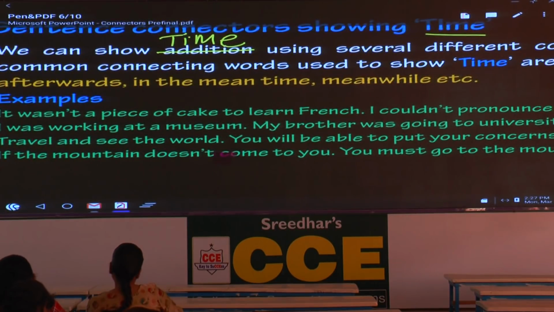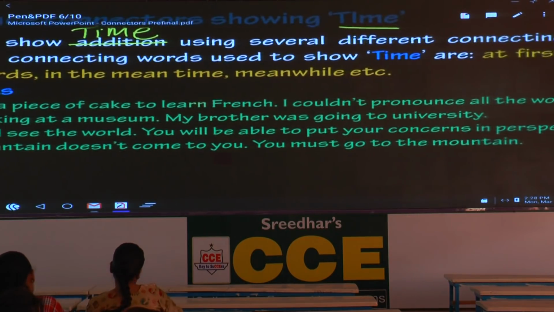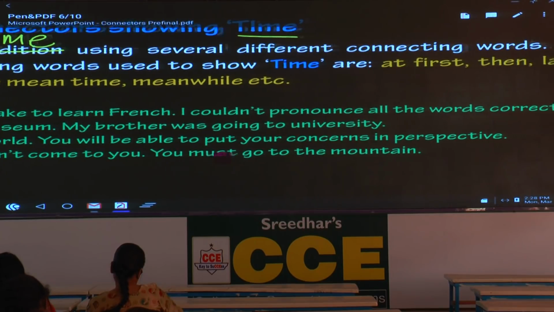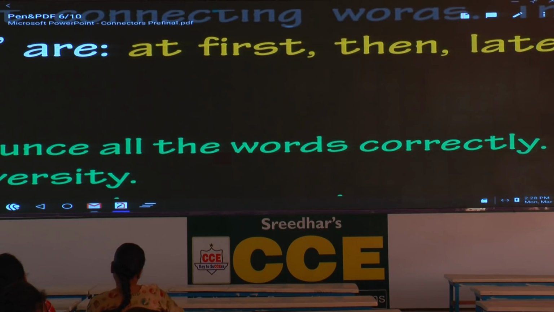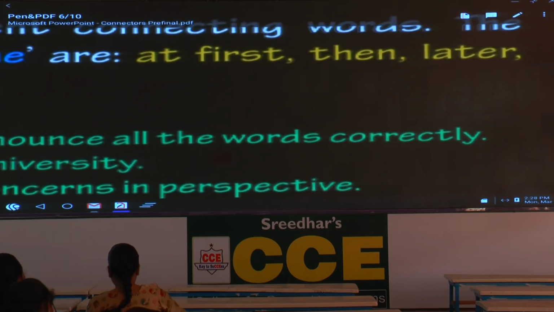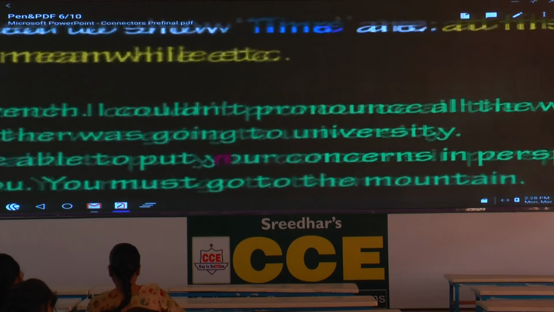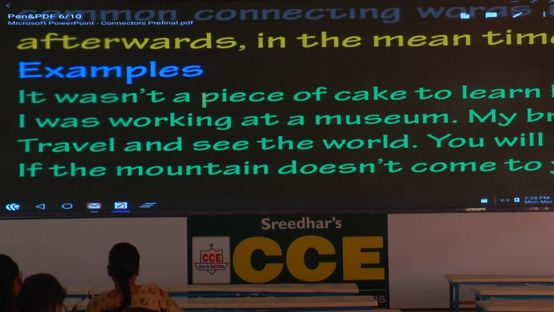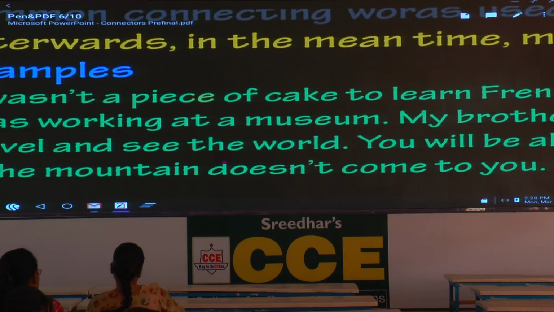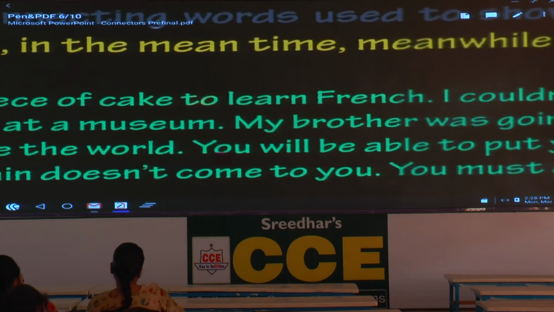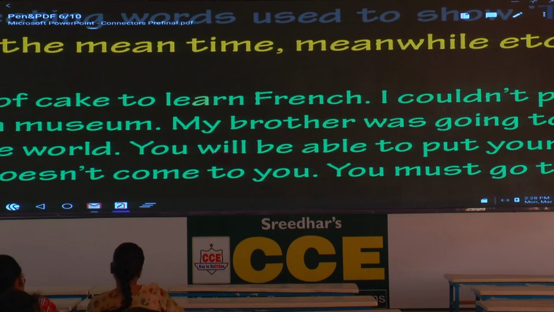The common connecting words used to show time are at first, then, later, afterwards, in the meantime, meanwhile, in the meantime, meanwhile.